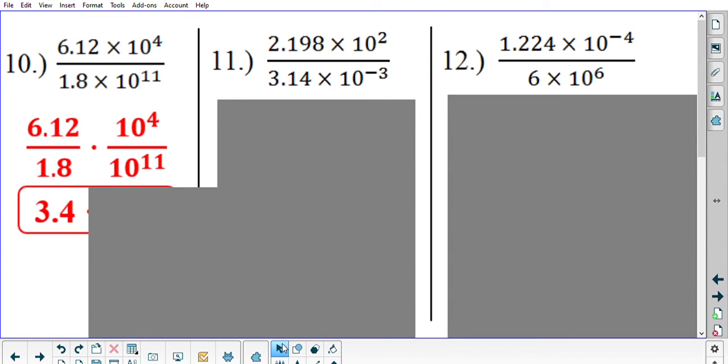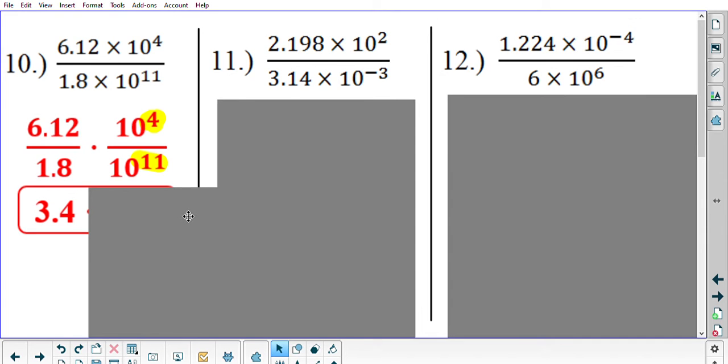Now, I hope you realize that the exponent on top would come first. So this is not 11 minus 4. I'll say that again. This is not 11 minus 4. This is 4 minus 11. You're like, does that matter? Yes, it does matter, because 11 minus 4 would be 7, but that would be wrong.